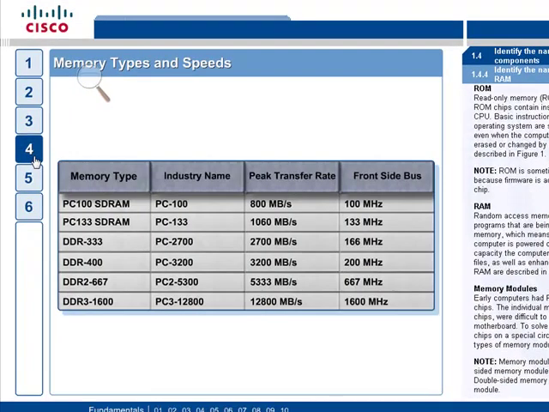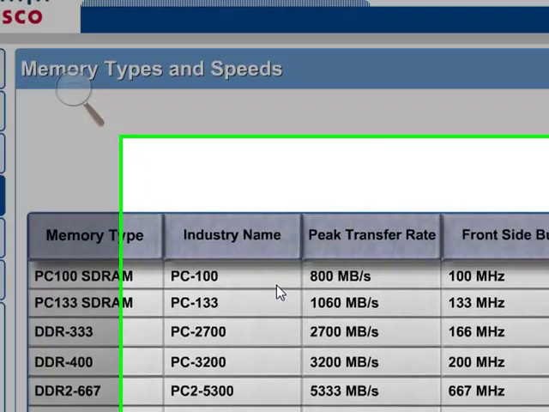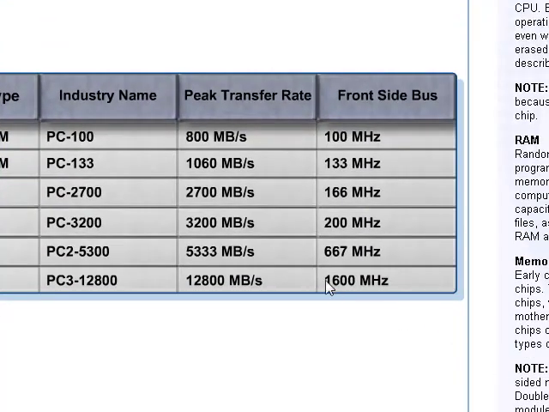Coming over here, each memory type has something called the bus, the speed, and the peak transfer rate. Of course, each of them works with a different speed.